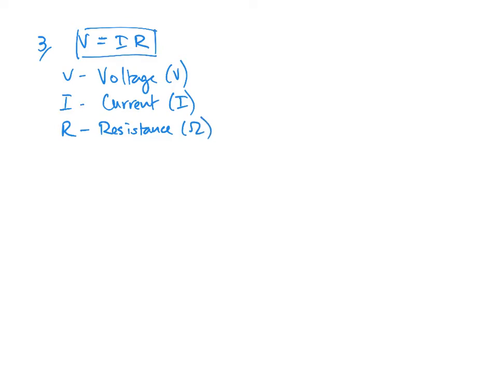And resistance then, the units for resistance use a Greek letter, omega. And resistance, because we haven't really defined that anywhere, is this idea of being able to oppose current. So a larger resistance will mean less current, and vice versa. So it's a simple formula. We'll look at some examples.